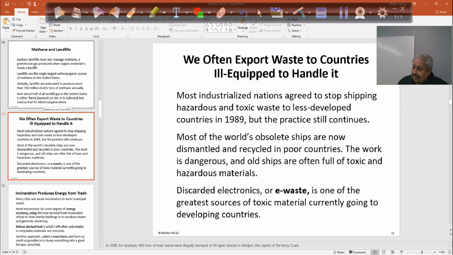Not the governmental stage, they don't do that. But those are companies. They don't have the resources to handle this waste. They come in the area, nobody can see them in the night, and just dump it and run away.